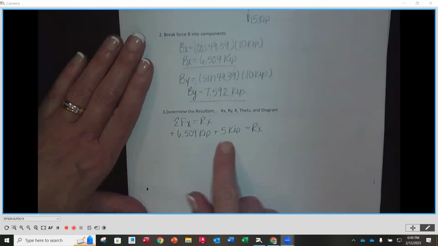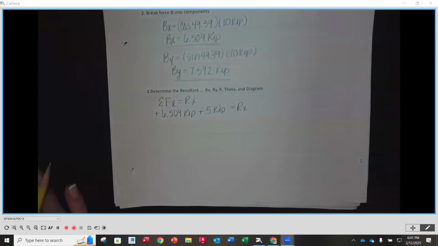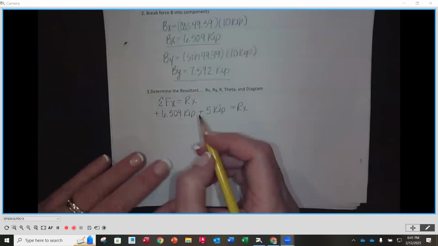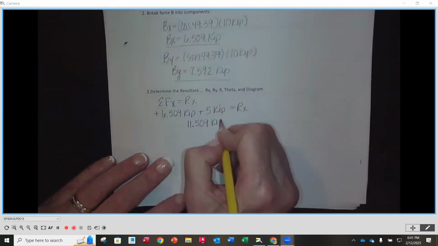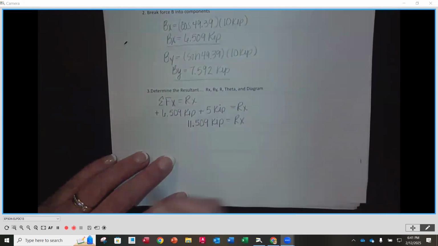I want to see the values with their respective positive or negative values according to the convention. If you just write a number here and it's not right, I don't know what you did wrong. So you have to write those out, and then add those two together. So it looks like it's going to be 11.509 kips is equal to Rx.